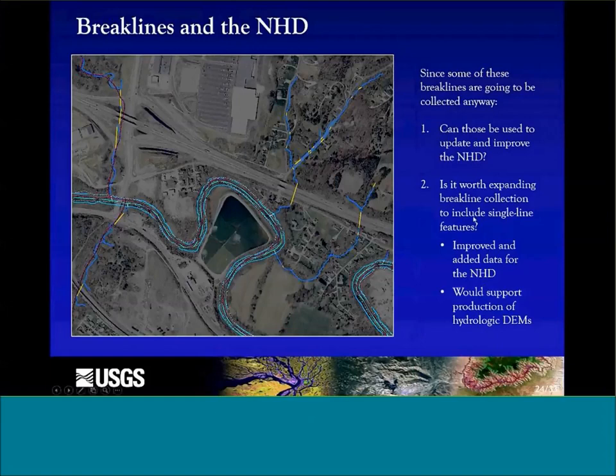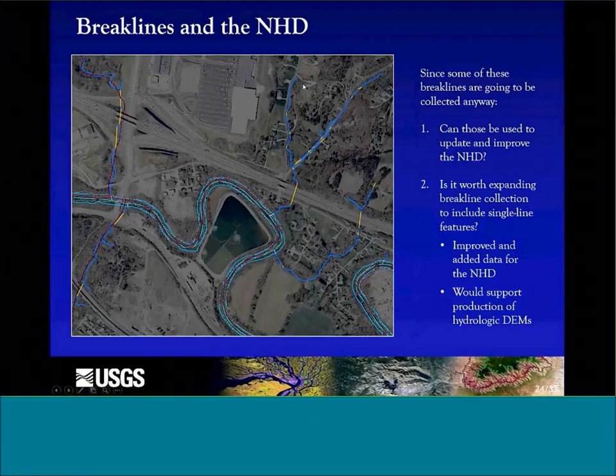So the question is, if we're already collecting those lines, what can we do to make them useful, not only for what is needed for hydro-flattening on the elevation side, but also allows those lines to be useful to the NHD in updating and enhancing their data and keeping it up to date and improving the accuracy.